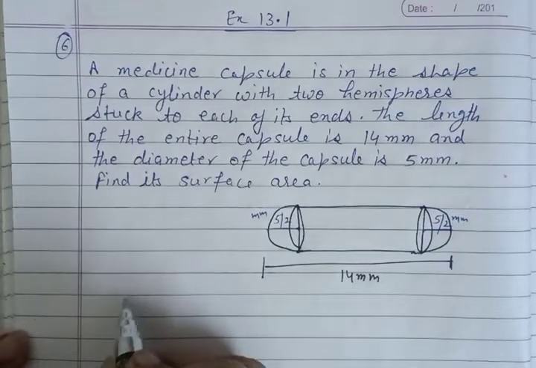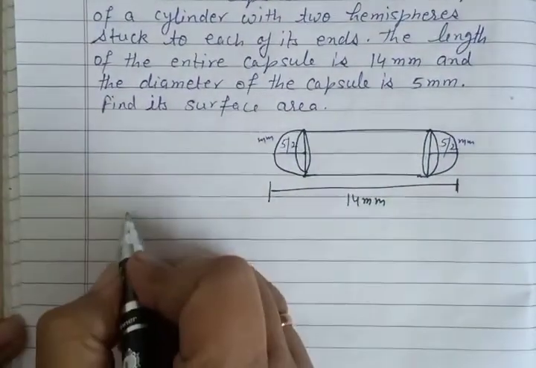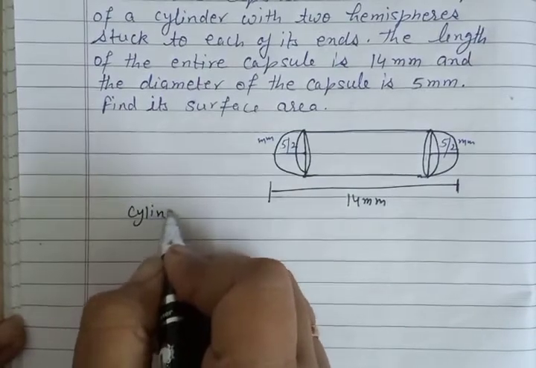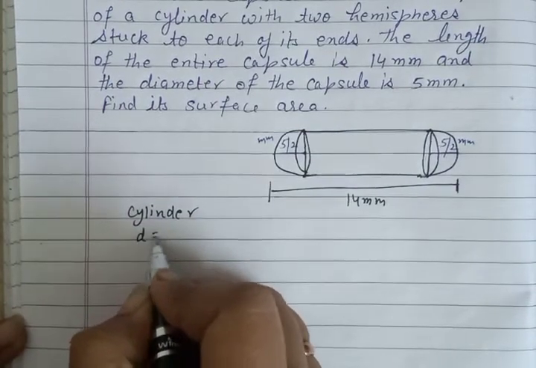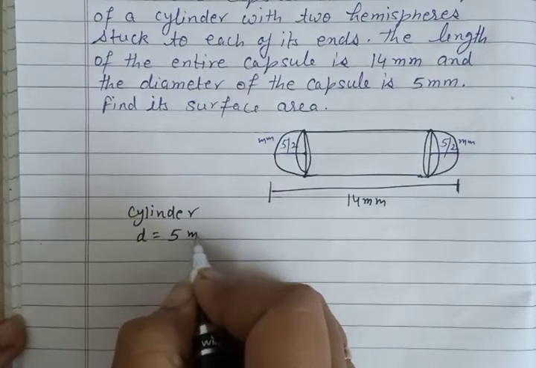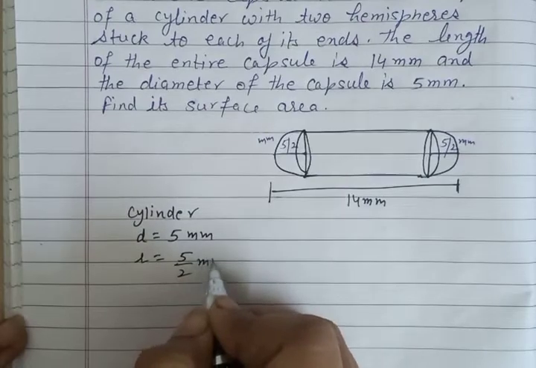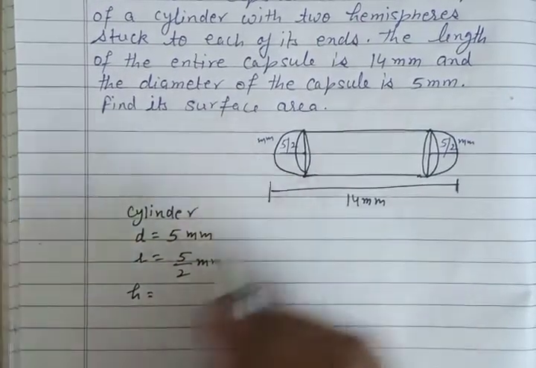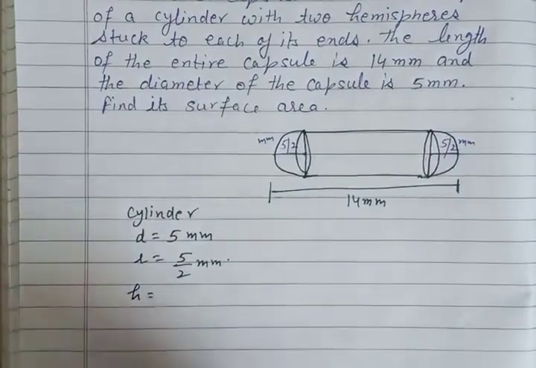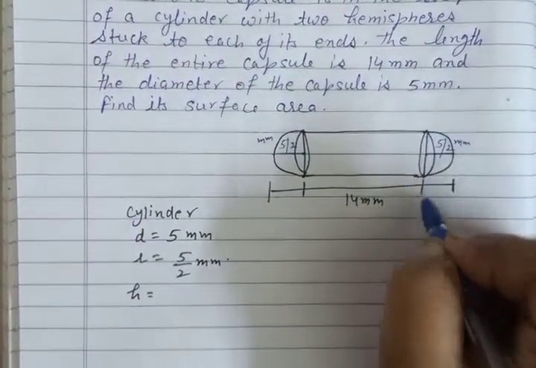So here there are two figures. First of all, we'll write about the figures. First figure is the cylinder. For the cylinder, diameter is 5 millimeters and radius is 5 by 2 millimeters. The height of the cylinder, if you can see, we need to subtract this part and this part from both the sides.